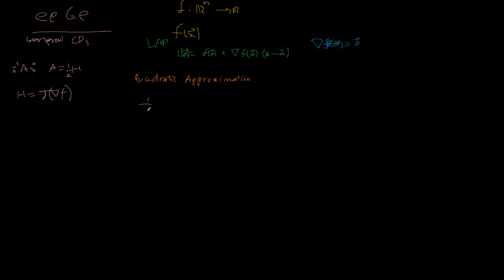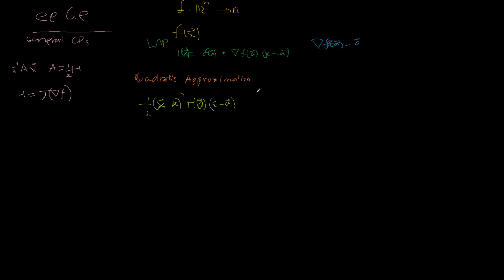That term looks like this: x minus a transpose H times x minus a. And remember, H is the Hessian at a. And that's all we add.